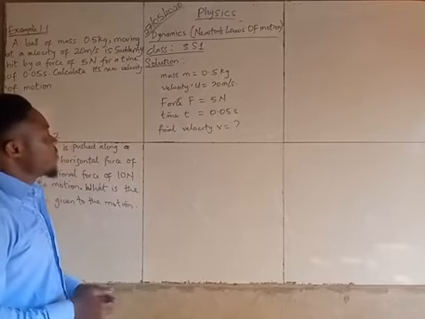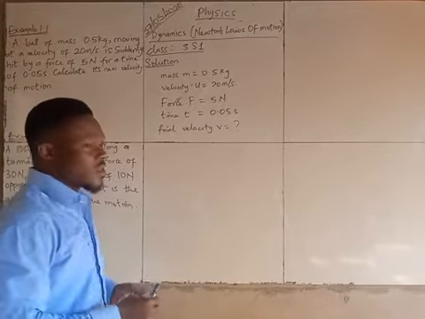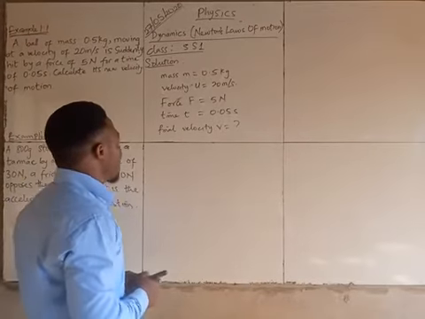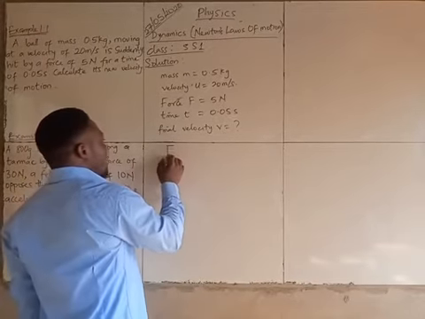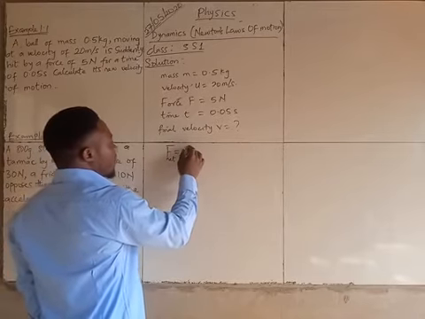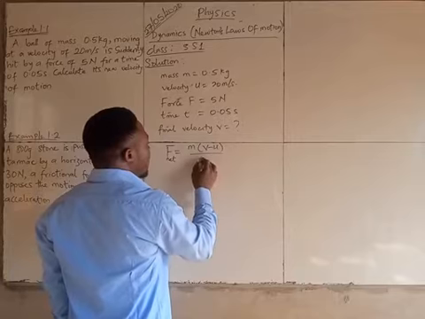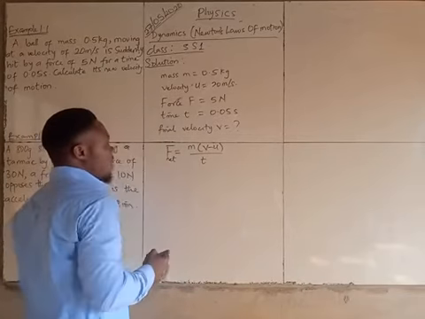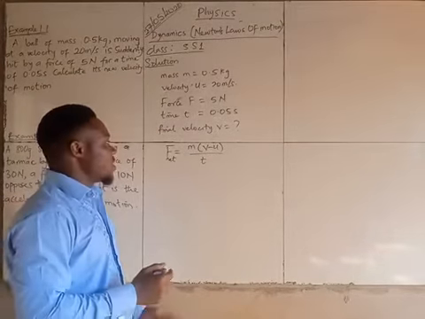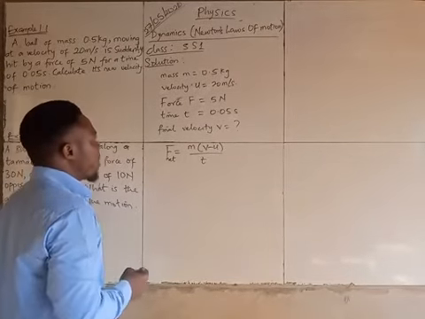Now, if we recall the equation of motion, Newton's second law of motion from that slide, we say F, that is the net force, is equal to M into V minus U all over T. M is the mass, V is the final velocity, U is the initial velocity, and T is the time taken for this to happen.